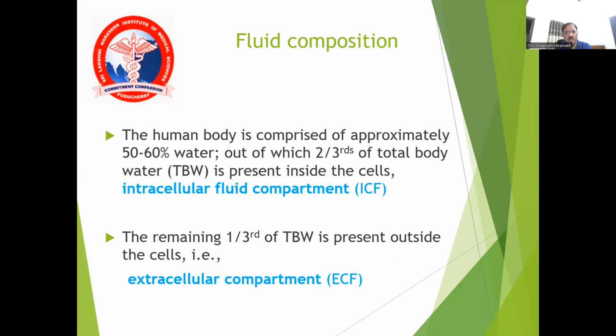Again, to summarize, the human body is composed of approximately 50 to 60% water, out of which 2/3 of the total body water is present inside the cell. It is called the intracellular fluid compartment. 1/3 is present in the outside portion of the cells. It is called the extracellular compartment.